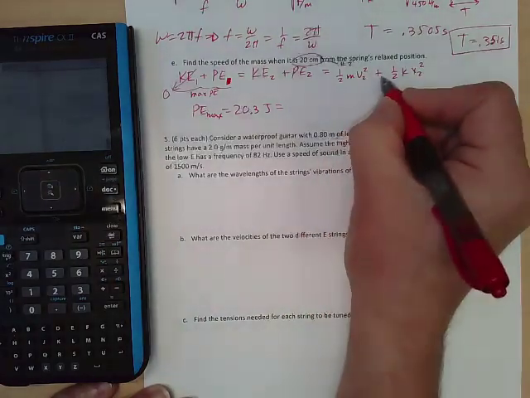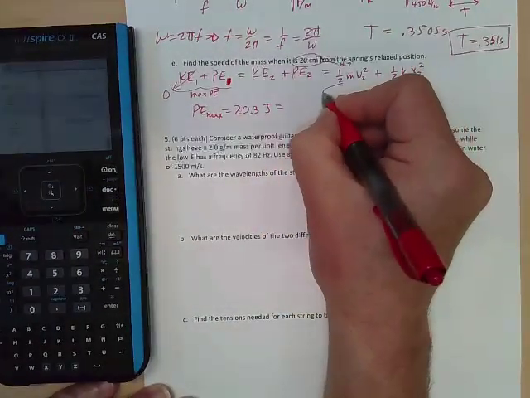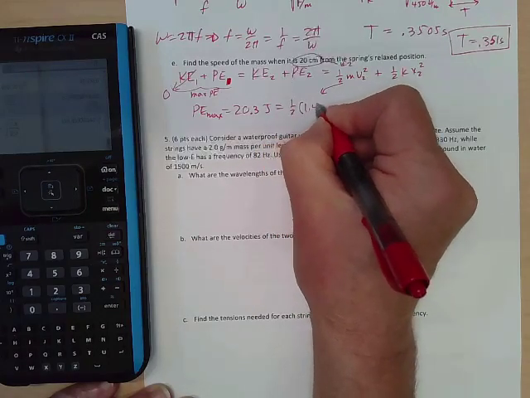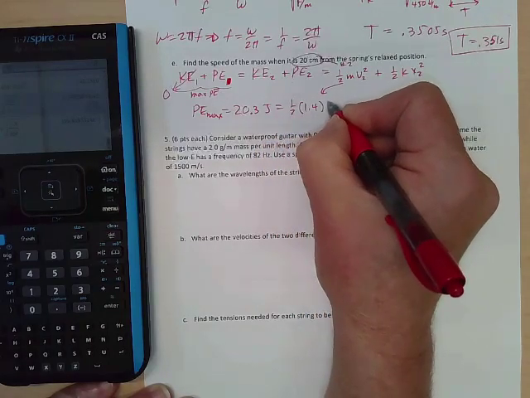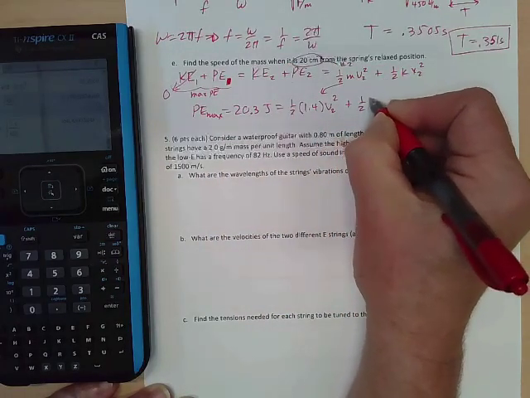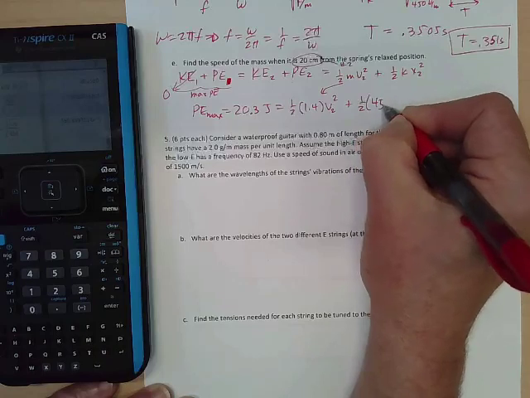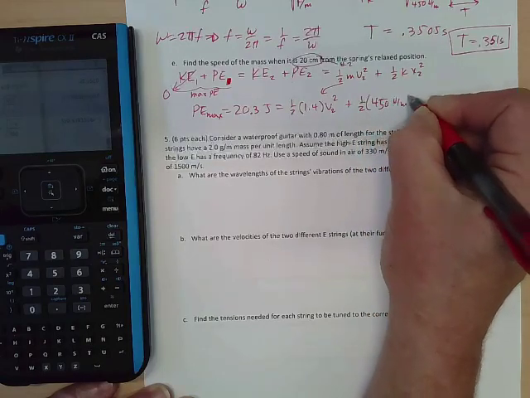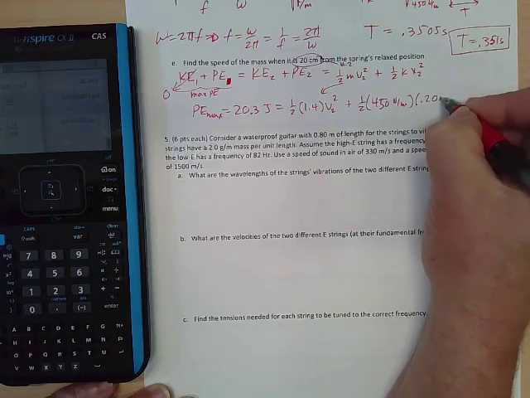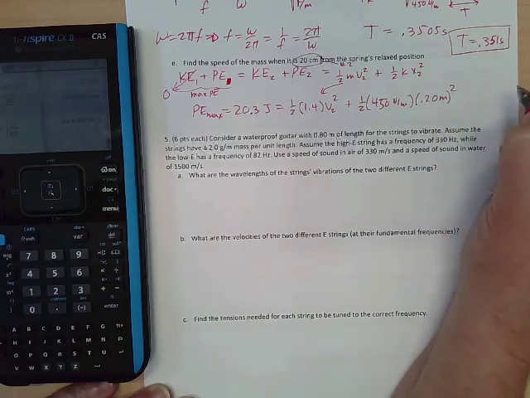All right, and so plugging in, we have 1/2 m, which is 1.4, times the velocity, which is what we're looking for, v2 squared, plus 1/2 k, which is 450 Newton per meter, and x we're given, 0.2 meters squared.